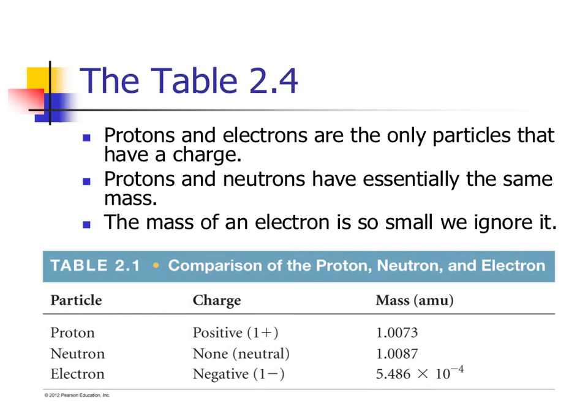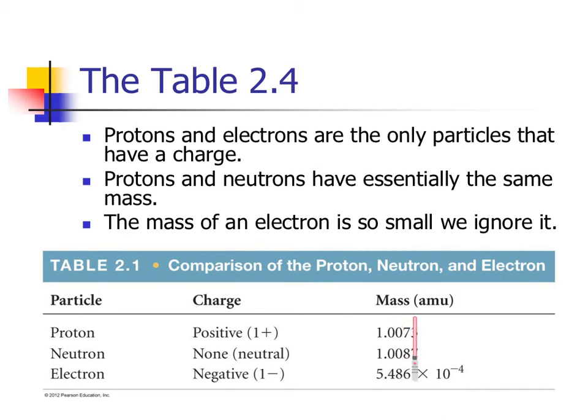When we look at the comparison of the masses, protons and neutrons have essentially the same mass. As we can see here, the two masses are very similar. The electron is very small, and that's in comparison, in AMU.